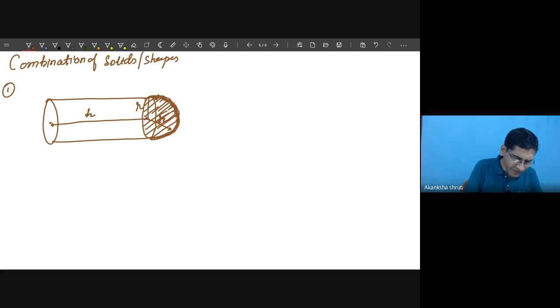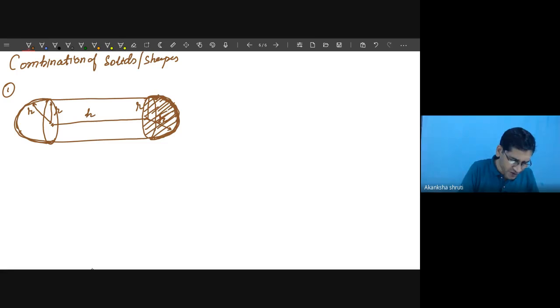It is like this. We may connect on the other side also with a sphere or a cone itself. Let me connect with the sphere itself. In this case also, the radius will be the same.